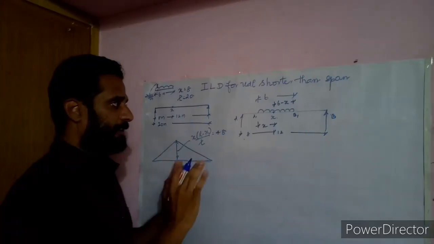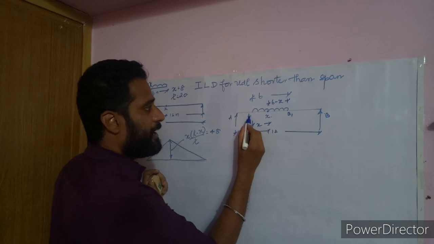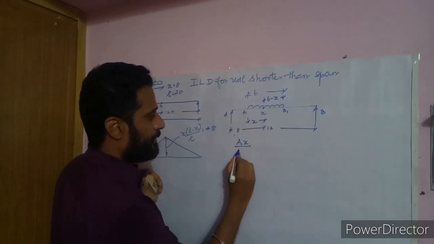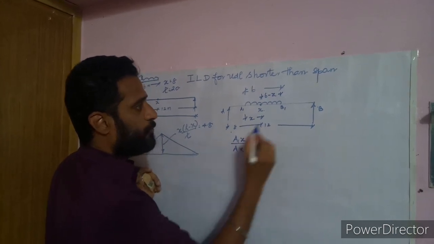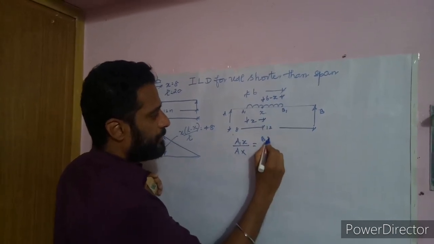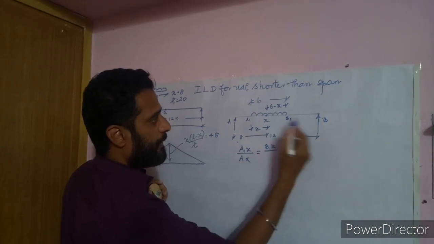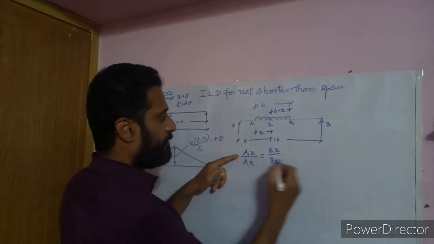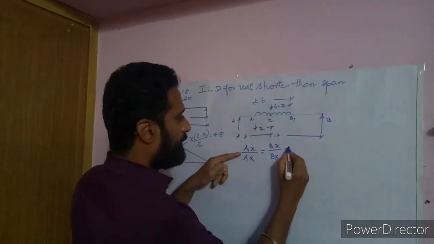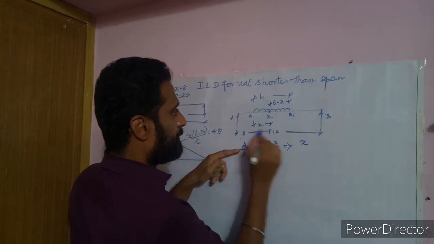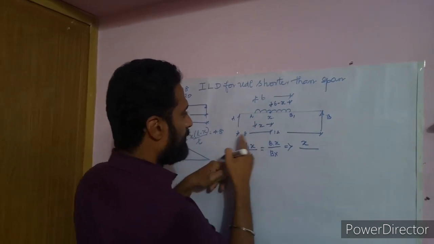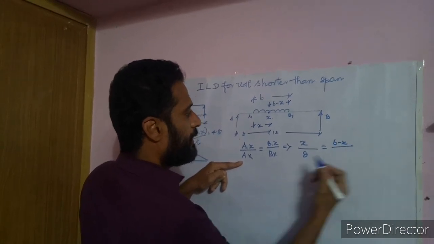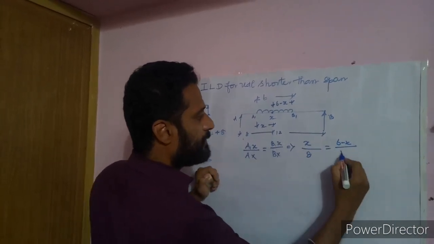So now I'm making a relation, you just note it down. So A1x by AX will be equal to B1x by BX. On this equation, you know what is the value of AX and BX? I'm rewriting this as A1x as x, and AX as 8 meter, and B1x as 6 minus x, and BX as 12.